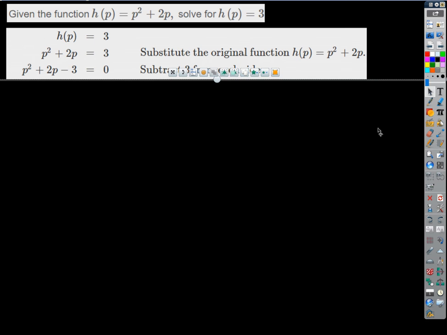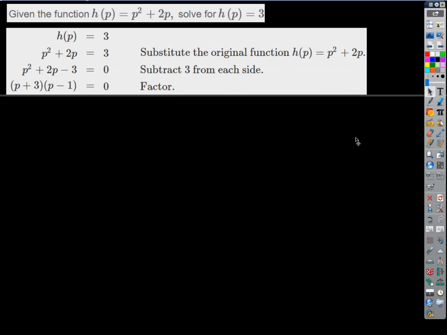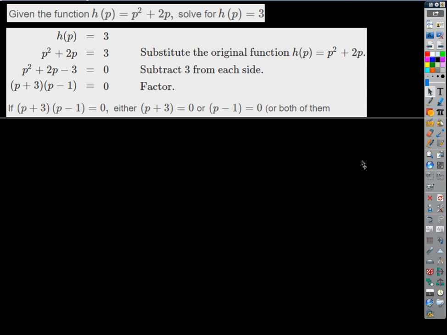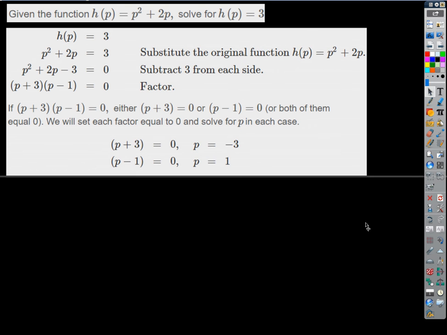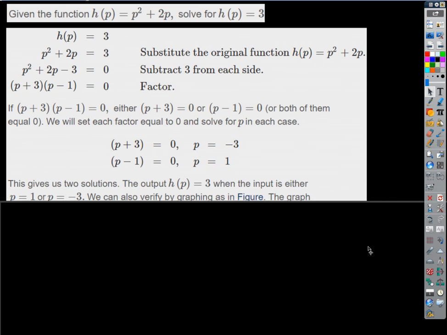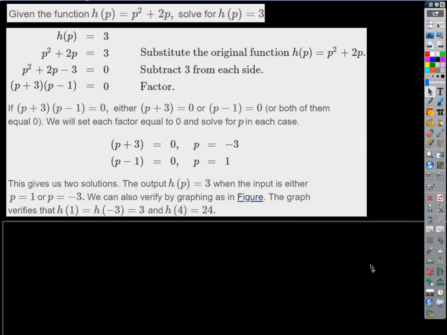Okay, and if I do that, what do we see? What's the easiest way to solve that one? Magic numbers, yeah. We could find numbers that multiply to -3 and add to 2, +3 and -1, so that's pretty easy. Then I get my solutions: p equals -3 or p equals 1, okay? So we get 2 solutions.